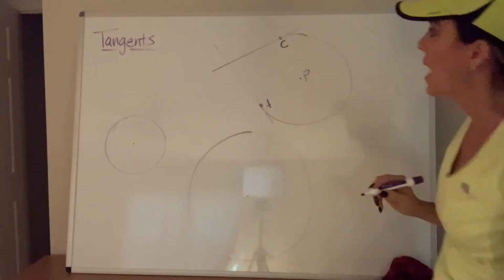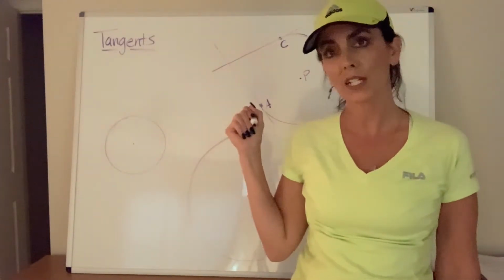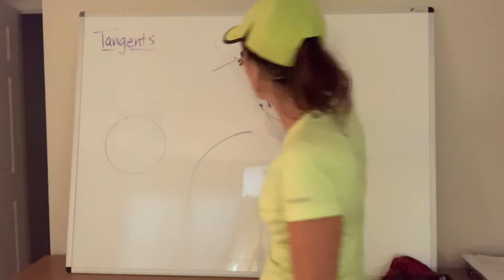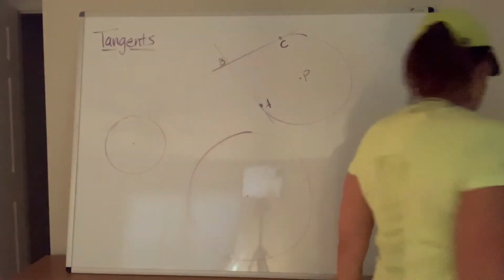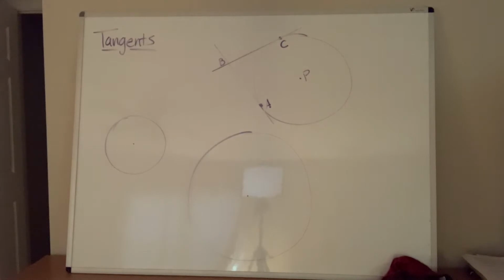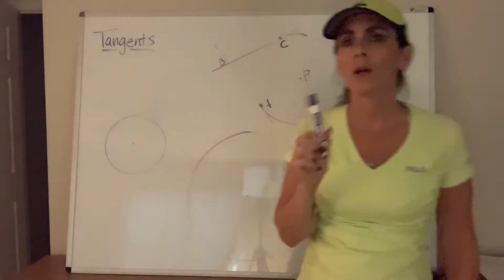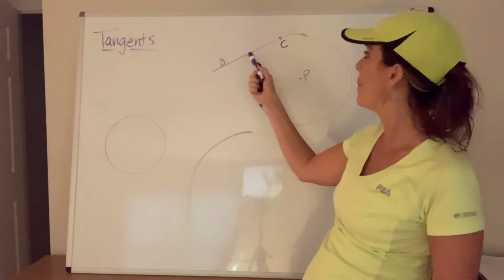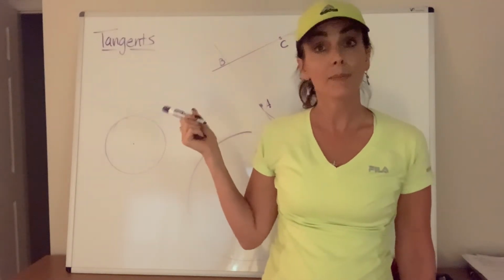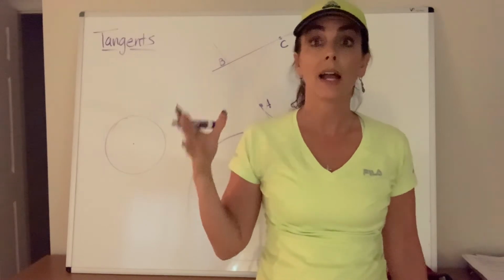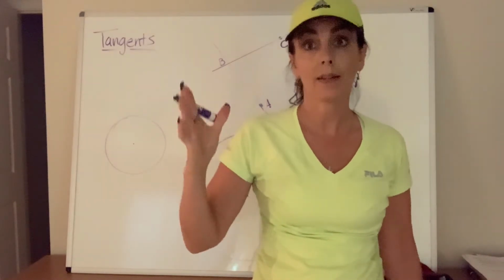And I'm going to call the point of intersection of those two lines B. Now you remember what line BC and line AB are called, right? These are called tangent lines because they touch the circle in exactly one point, and it's exterior.